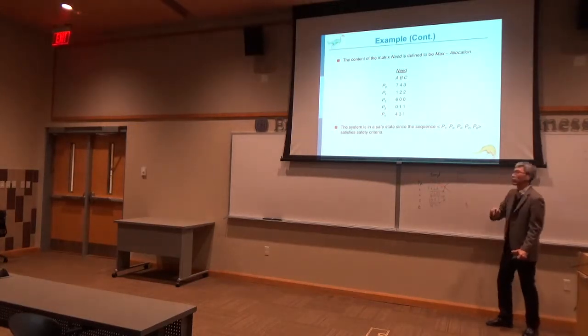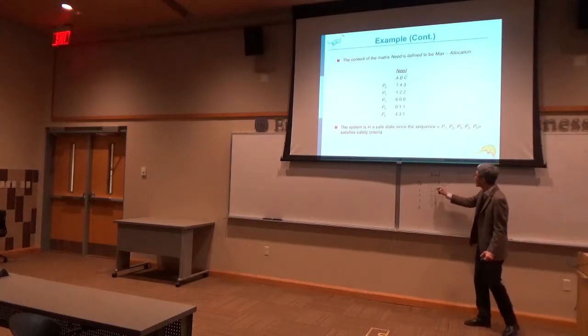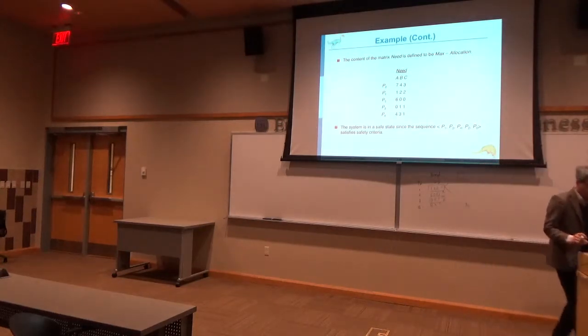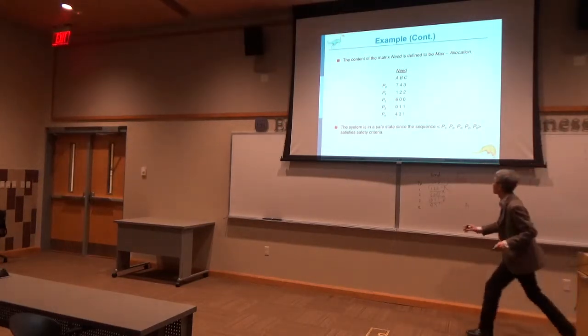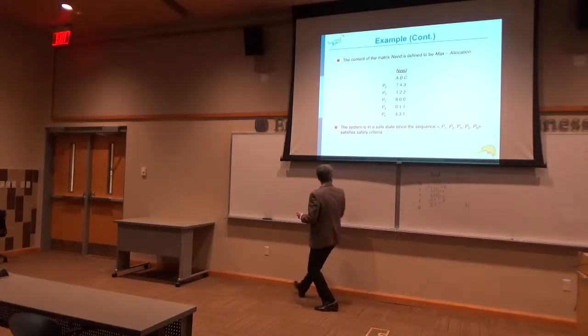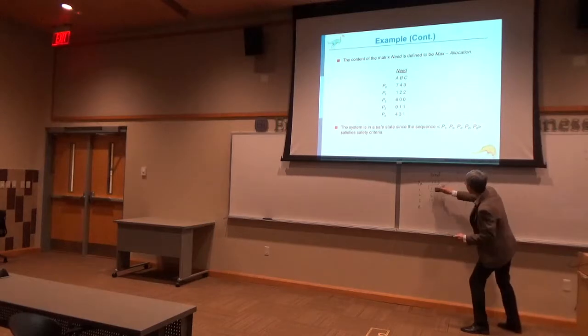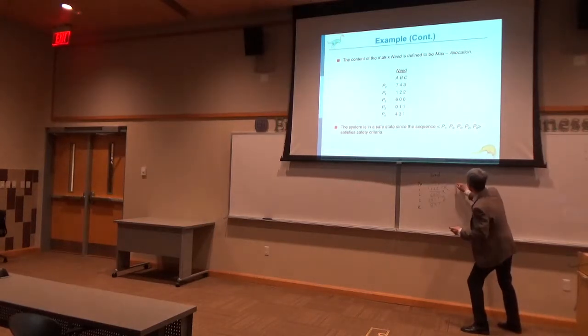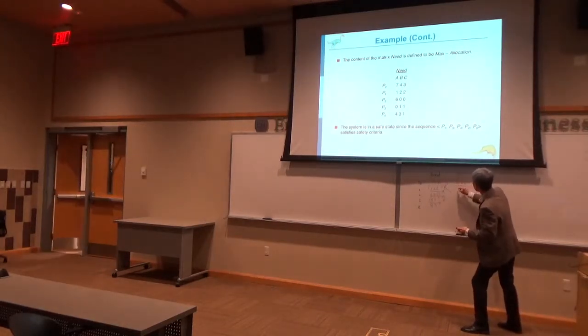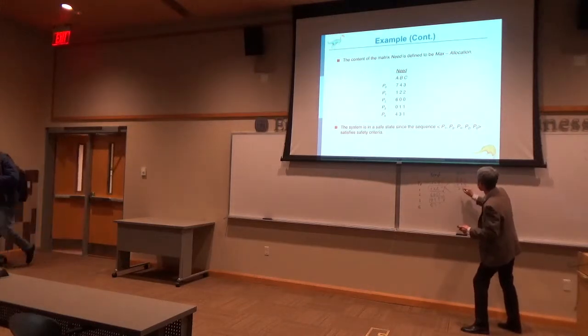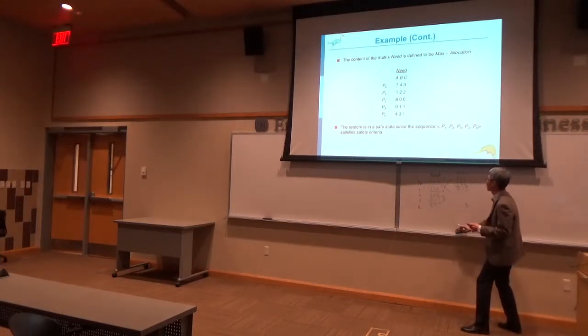Let's select P1. Once P1 is done, before it terminates, its need of 1, 2, 2 is subtracted: 3, 3, 2 minus 1, 2, 2 is 2, 1, 0. So currently available is 2, 1, 0.